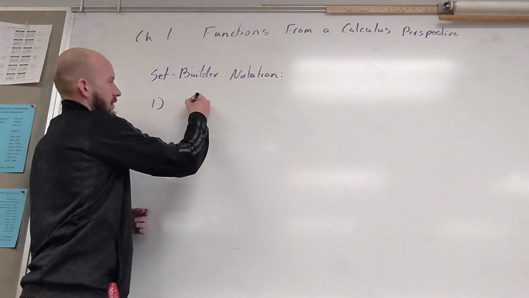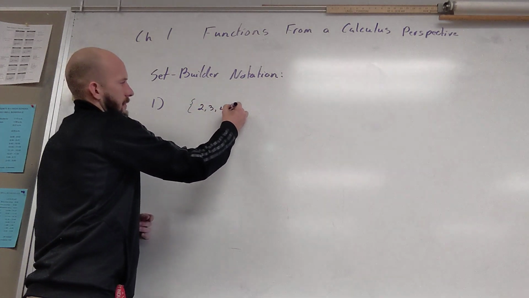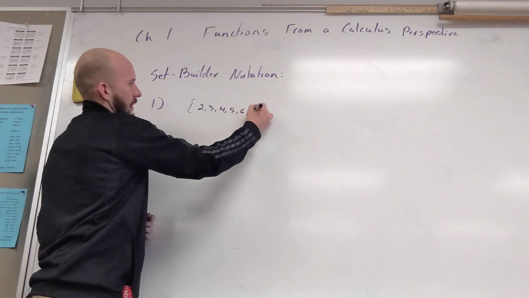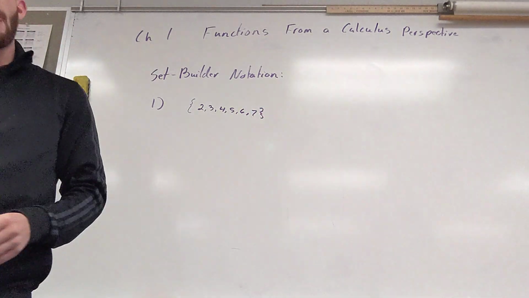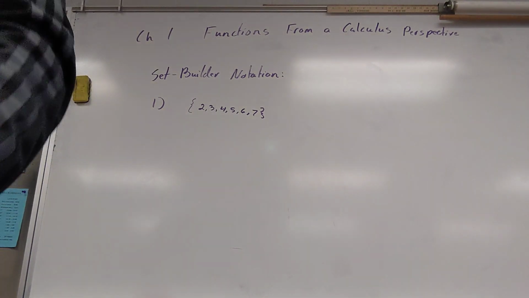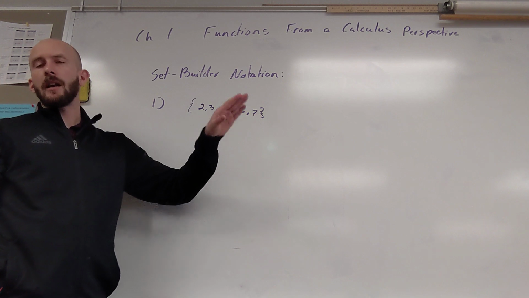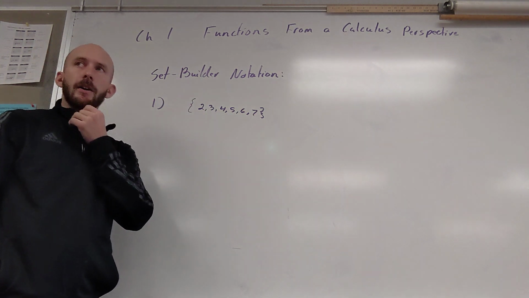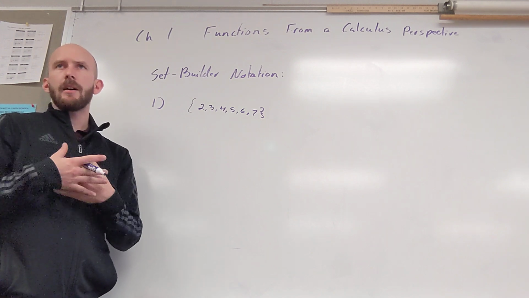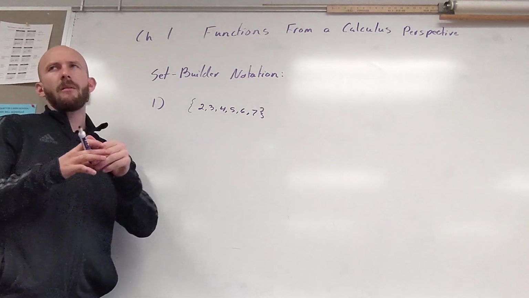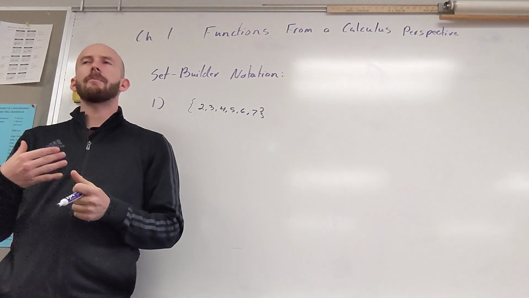So our sets always use brackets. So I'm going to give you a set here. Now, set builder notation and the other notation that we're going to talk about in a second both kind of have their pros and cons. Normally, I probably wouldn't use set builder notation for this, but we're going to start simple.